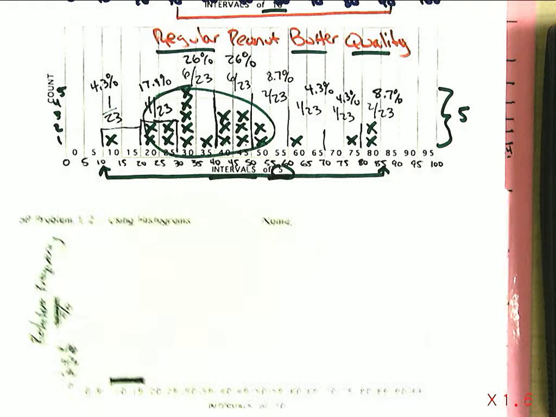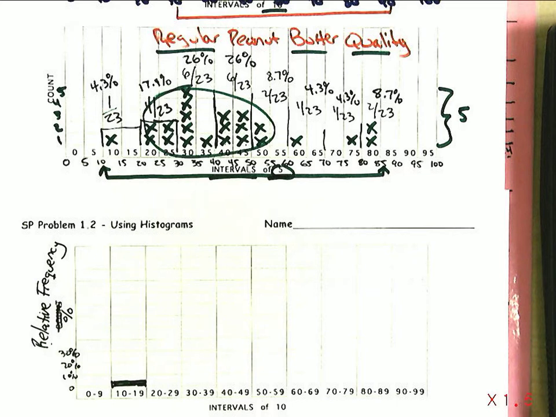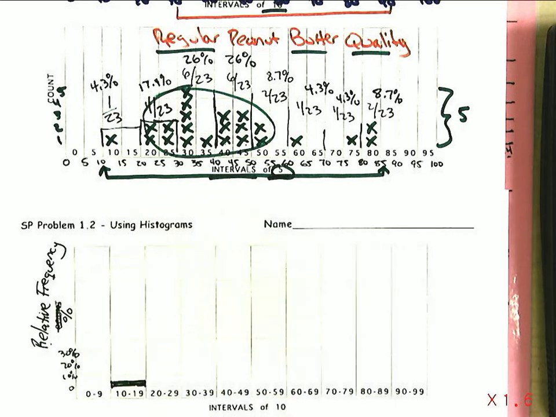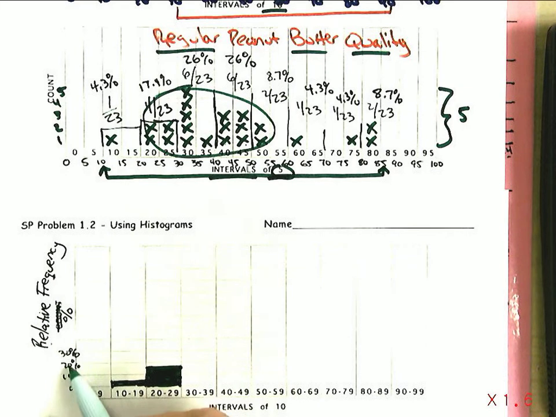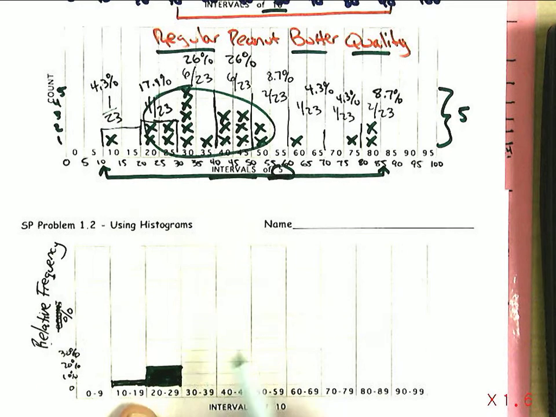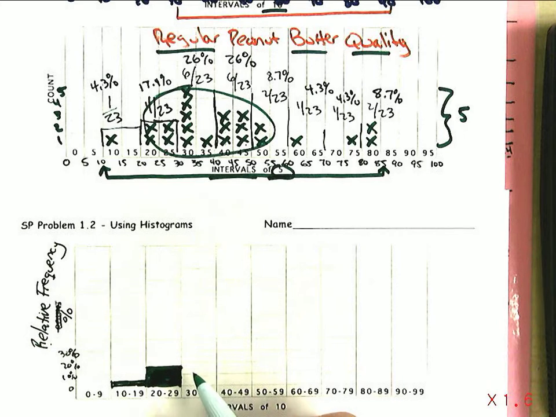And in the next interval, 17.4%, so almost 20%. Again, I'm estimating a little bit because my chart doesn't go very high. I maybe could have helped myself if I'd gone 5, 10, 15, 20%, but we're going to keep it the same as the one we did with natural peanut butter, just so we can see how it compares.